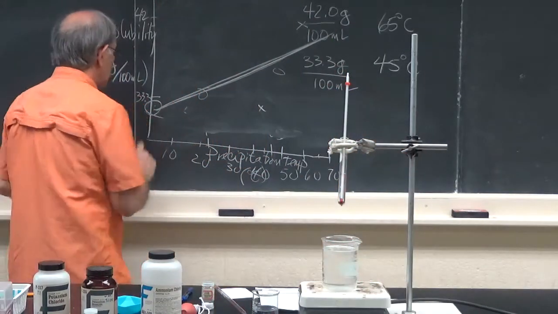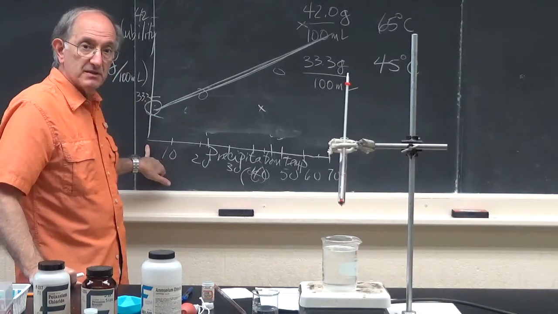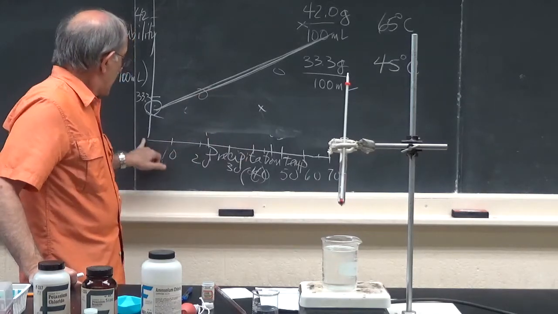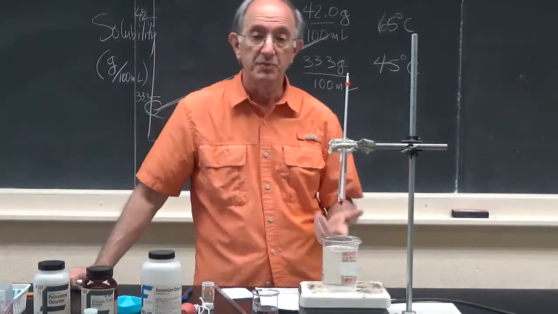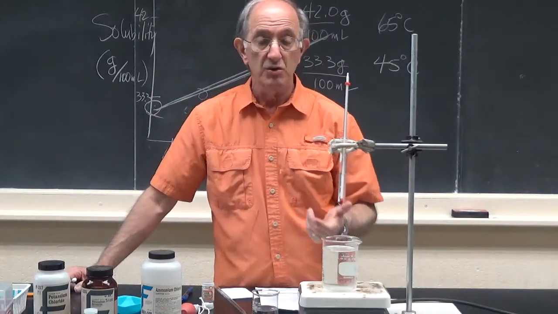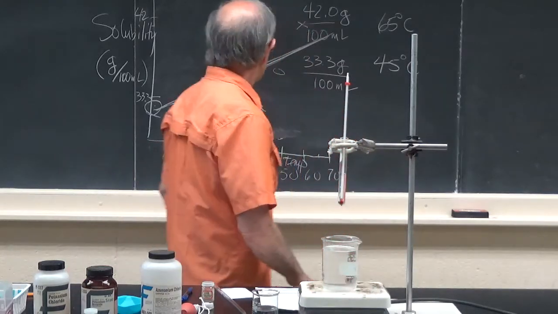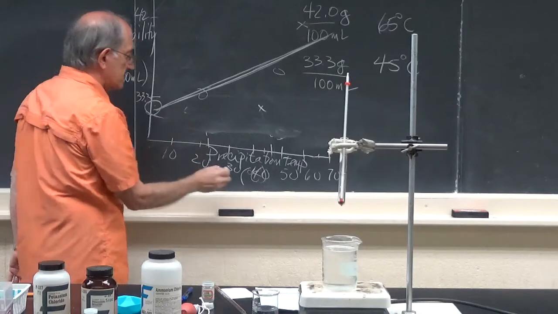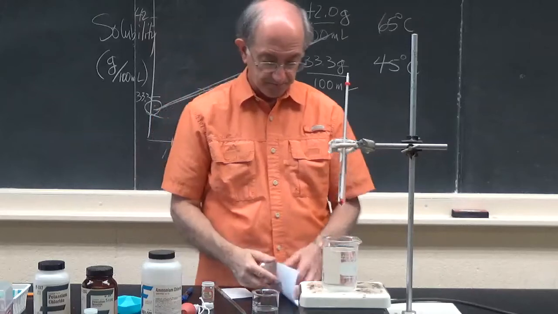Now, there might not be an intercept at 0, 0 at the origin, and that's okay. As you approach 0, there will still be some finite solubility, okay? So it does not have to go through the origin, okay? So it's important that you plot solubility on the y-axis and the temperature on the x-axis.